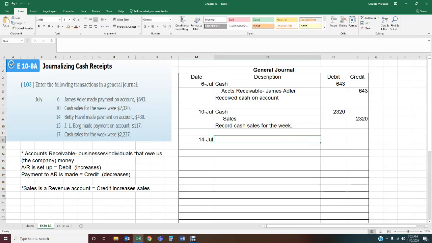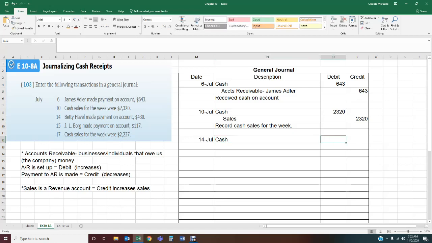On July the 14th, Betty Havel made a payment on account. Okay? $430. So Betty owed you money, and Betty is making a payment to you for $430. Because Betty is making a payment on accounts receivable, you're going to credit your accounts receivable. So what are you receiving from Betty? You are receiving cash.